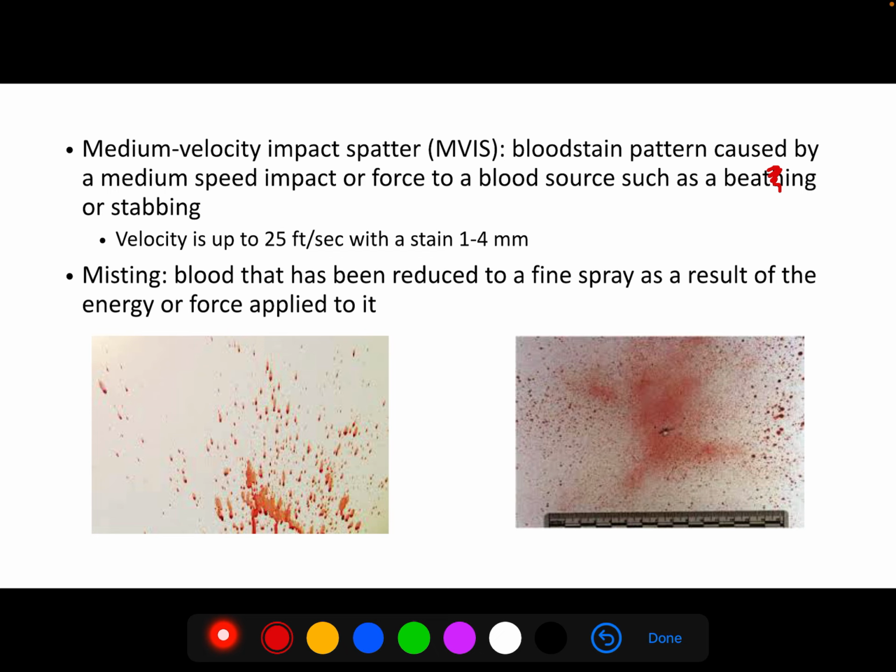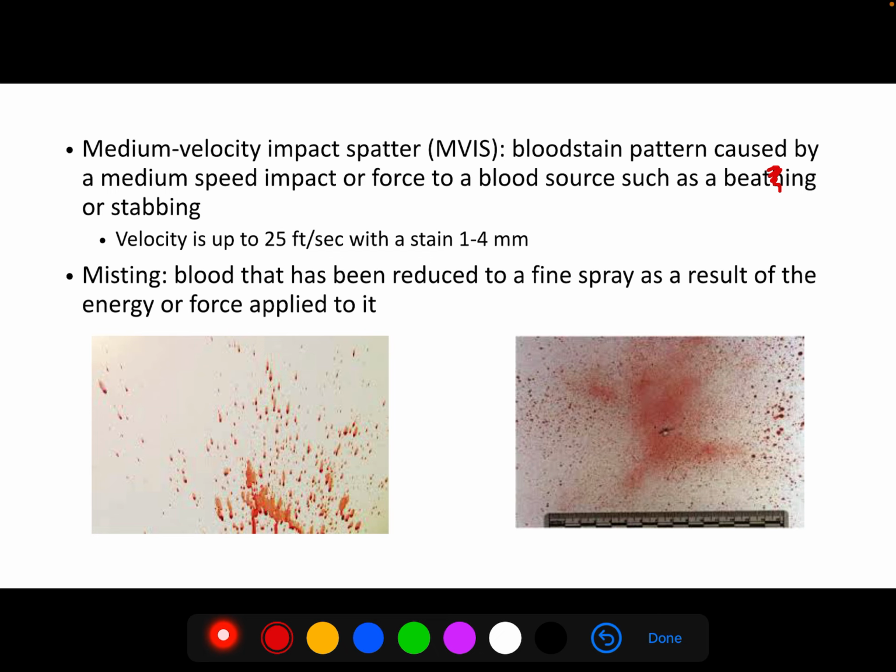The velocity can be up to 25 feet per second, so it's a faster speed. And blood droplets can be anywhere from that 1 to 4 millimeter range, so between the other two. So the medium velocity is shown on the left. The droplets are smaller than the low impact, but larger than the high impact, and they're not as spread out as the high impact.